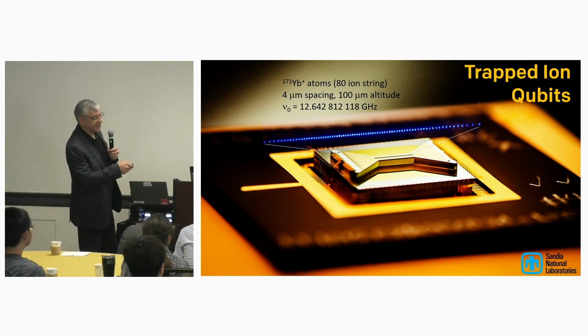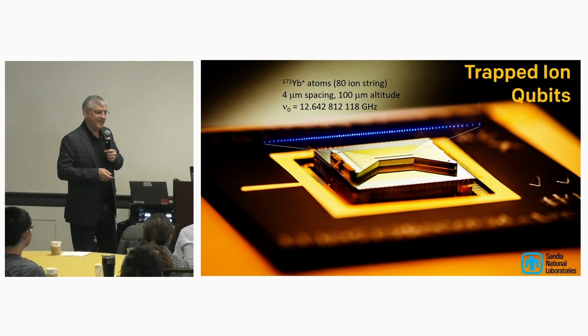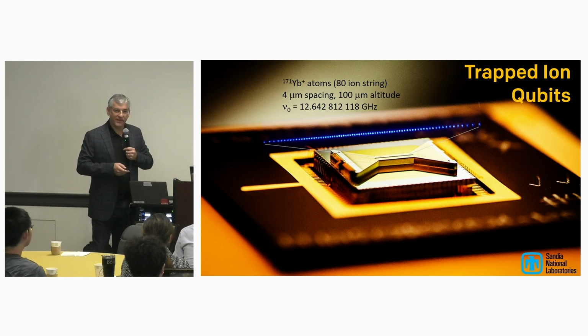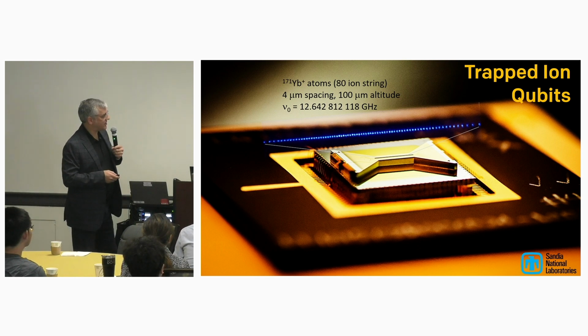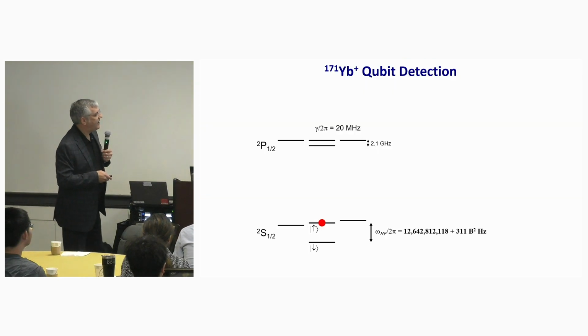I mean, 80 is pretty exciting, but it's not that exciting. We really want 800 or 8,000, or if you want to do full-out error correction, maybe 8 million, we're told. But the scaling really is the challenge in the trapped ion platform, and I do want to spend some time on that later.